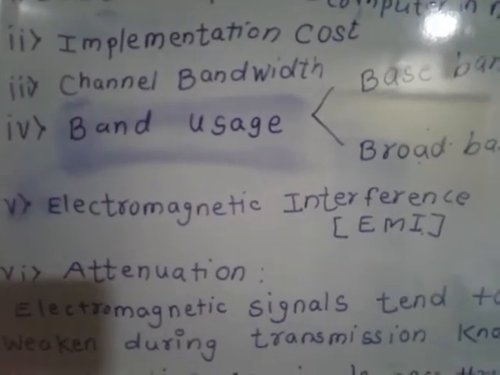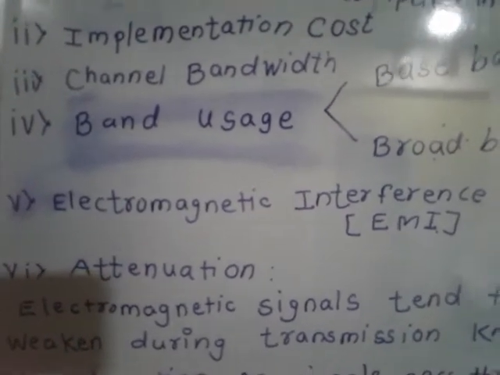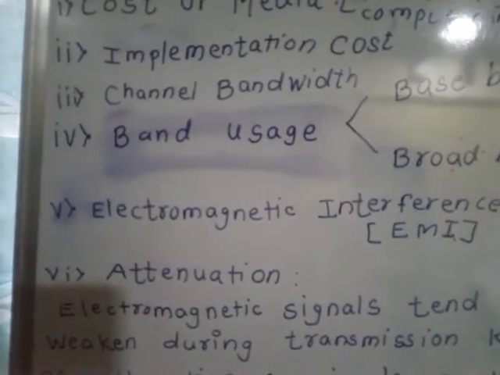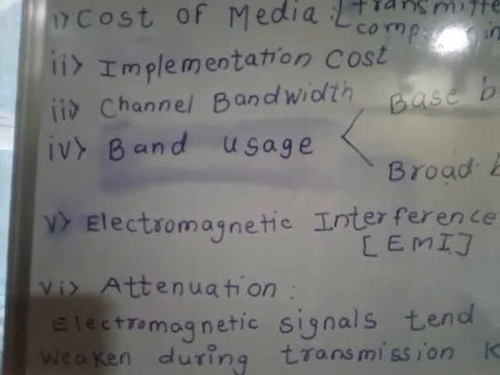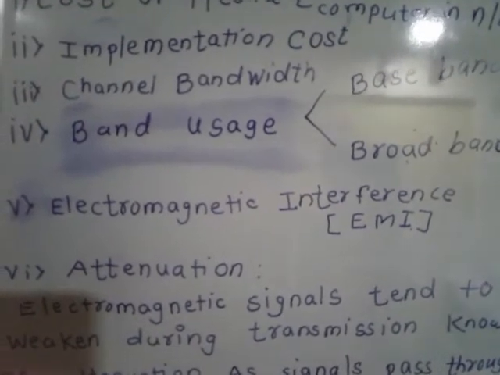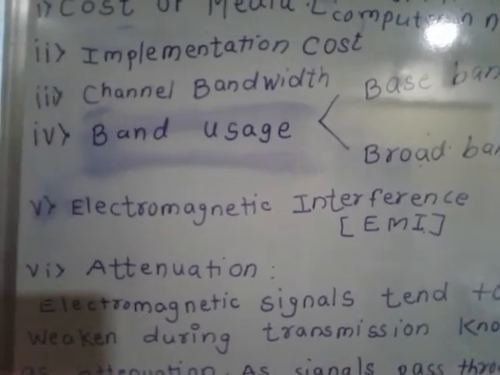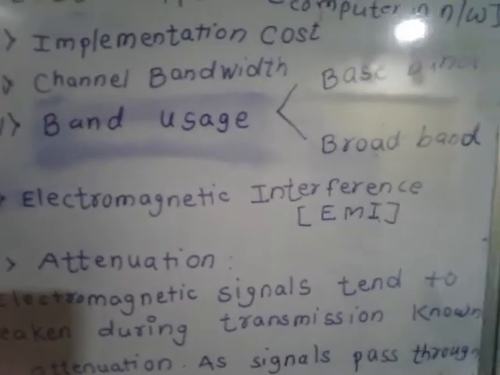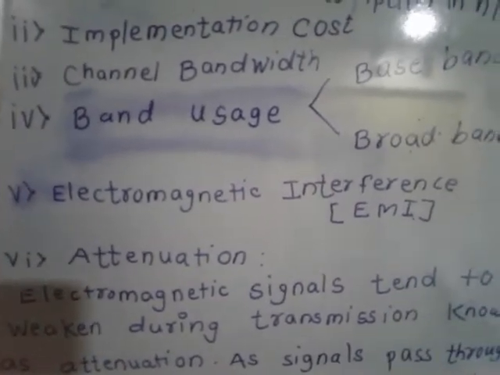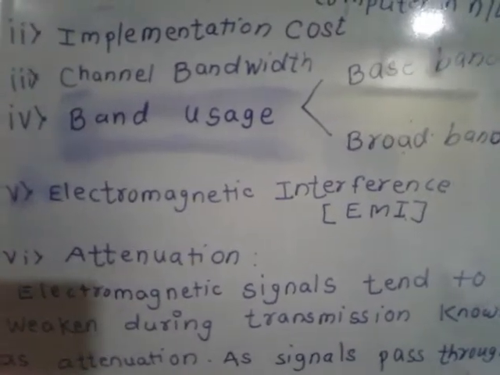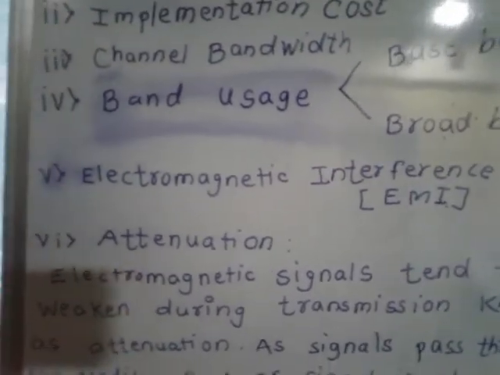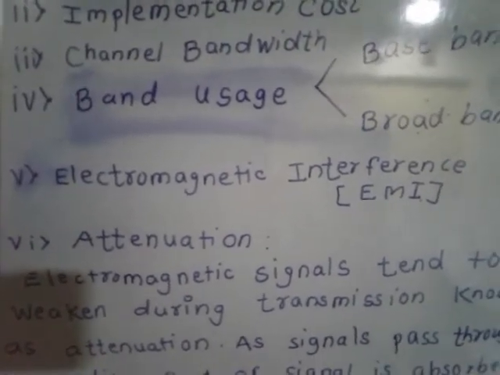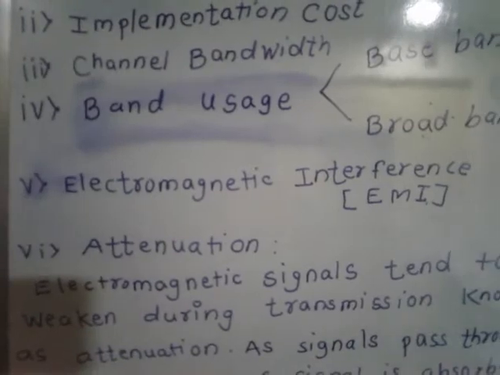Note down the second: EMI interferes with the signals and makes it difficult for computers to decode the signal. Electromagnetic interference means these are interrupted signals which cannot be decoded by the computers. Affected signals cannot be decoded.